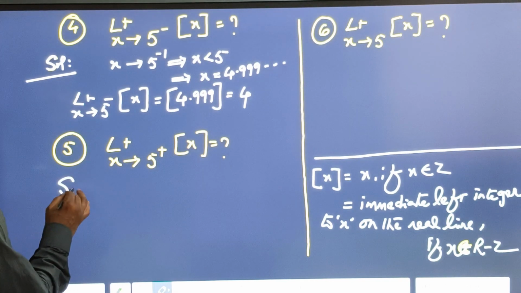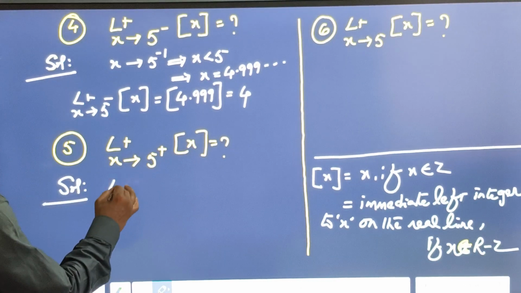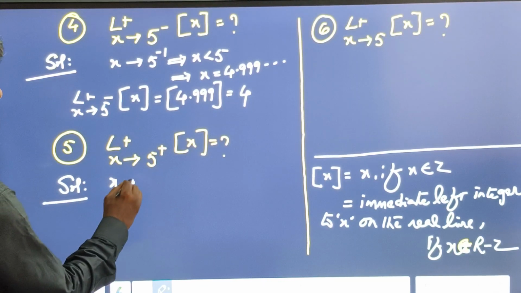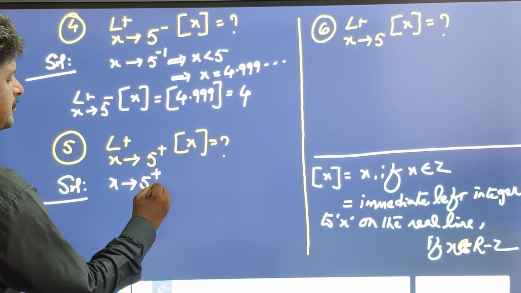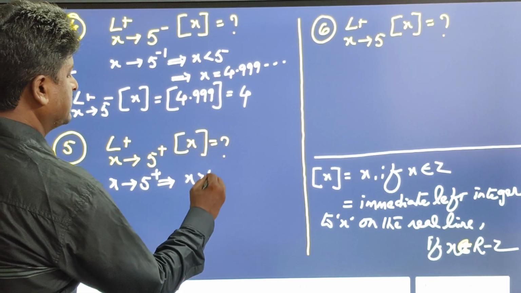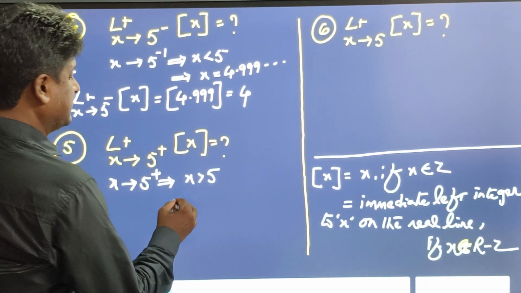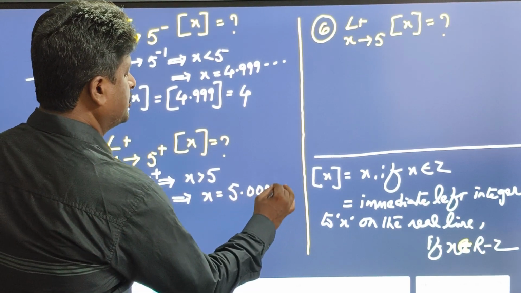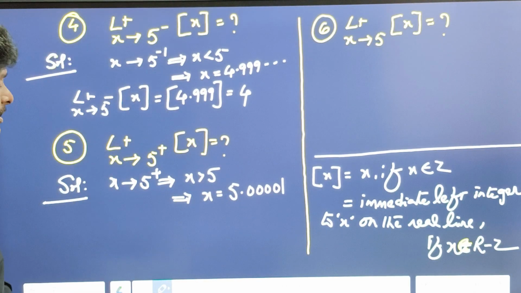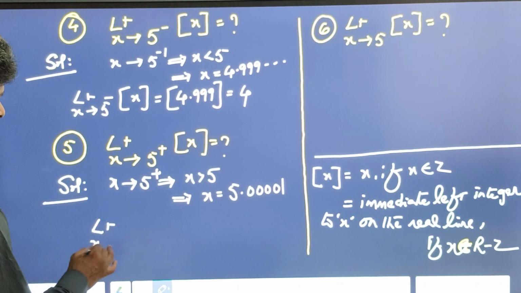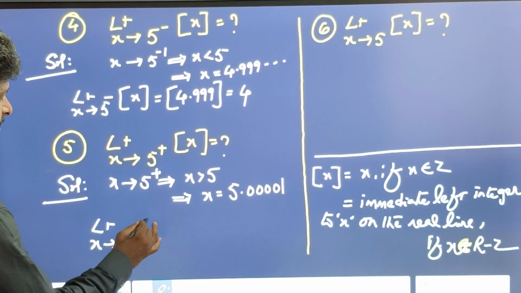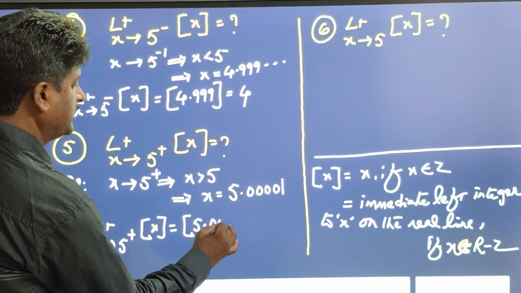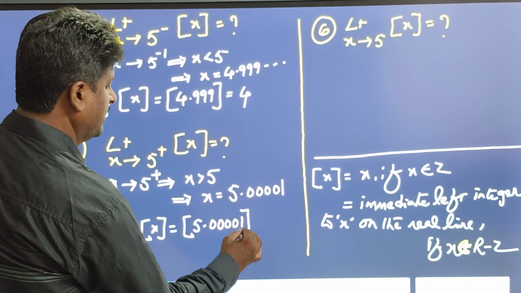Coming to the next question. Limit x tends to 5 plus. The meaning of the symbol x tends to 5 plus implies x greater than 5. X greater than 5 represents x equal to 5.0001 something. Now limit x tends to 5 plus step x will be step of 5.00001 something.